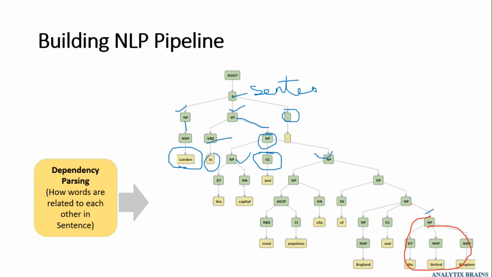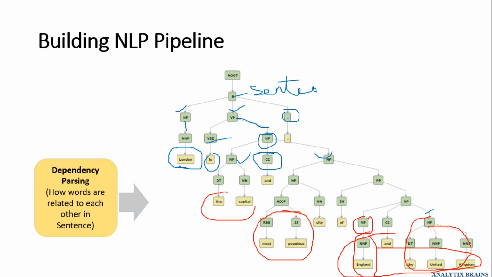If we look for more, we have England and the United Kingdom. If we look for only this one, we have England. For another noun phrase, we have most populous. For another, we have the capital London. These are all the important information that we want to extract from the sentence, and we can extract them with the help of a dependency parse tree.